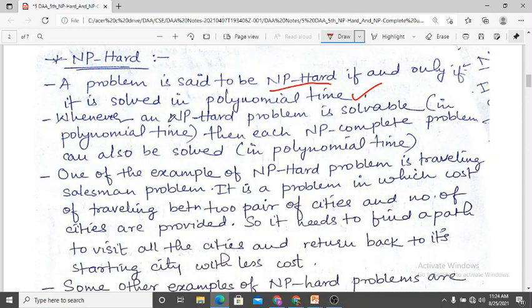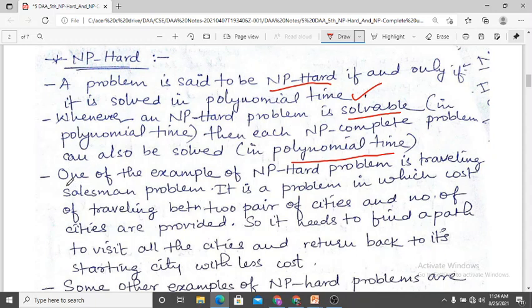Okay, what it is telling is, if we can solve the NP hard problems in polynomial time, then each NP complete problem can also be solved in polynomial time.